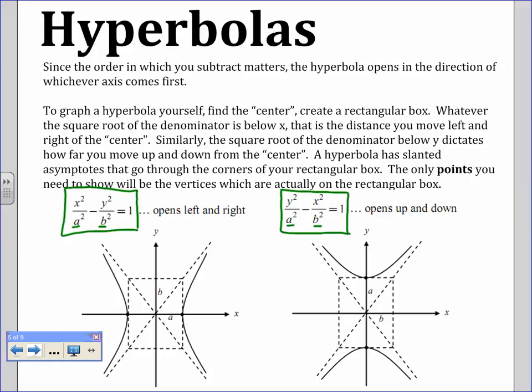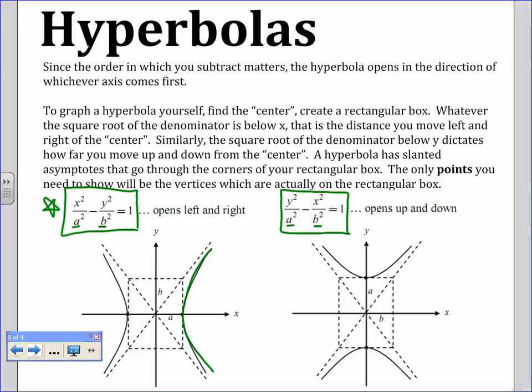So if you're subtracting, though, of course, it makes a difference if you're subtracting the y values or you're subtracting the x values. Well, it happens to be that if you have your first example here, right, if you have your x squared over a squared minus y squared over b squared equals 1, then it's opening up to the left and to the right.